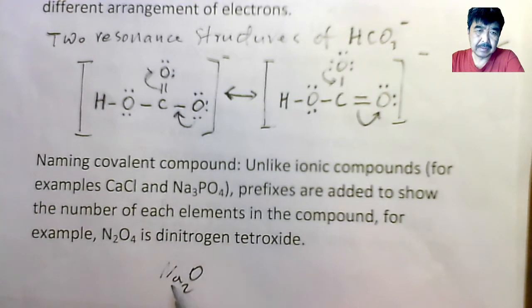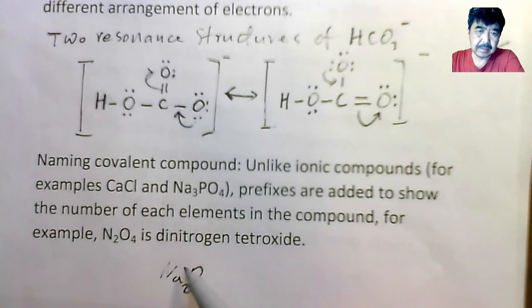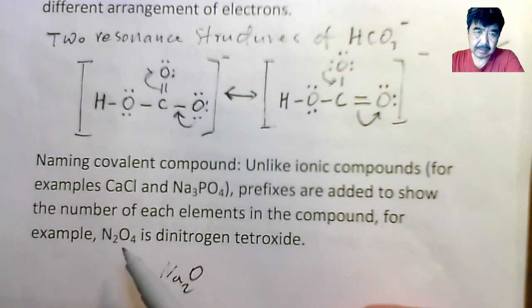You can see we have 2 sodium, but in this ionic compound we just call it sodium oxide. We don't say disodium oxide. That's the difference between an ionic compound and a covalent compound.